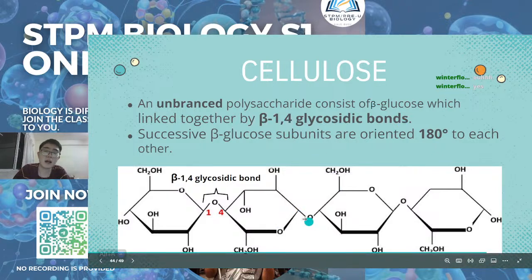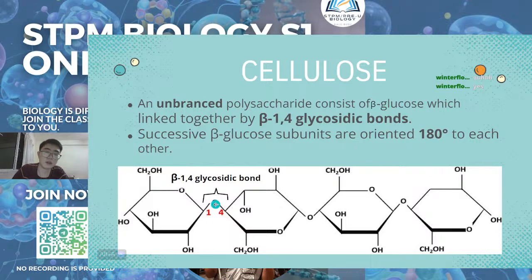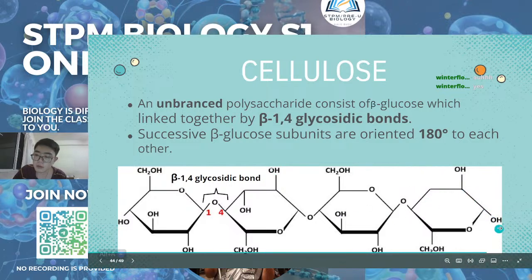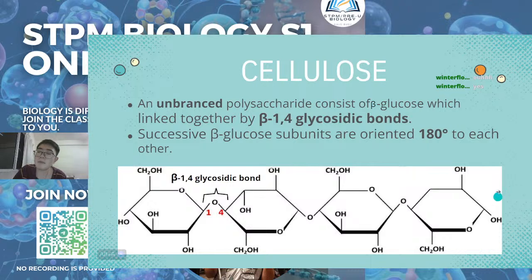But I already mentioned, if you still remember the differences between alpha glucose and beta glucose, for beta glucose the hydroxyl group is at the upper part, but for alpha glucose the hydroxyl group is at the bottom. You need to differentiate between alpha glucose and beta glucose very clearly. This is just the basic knowledge.